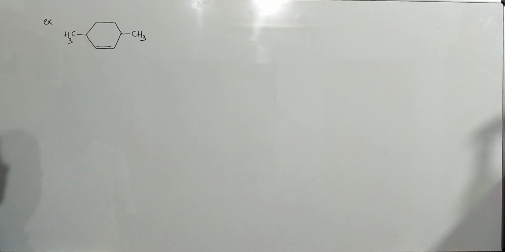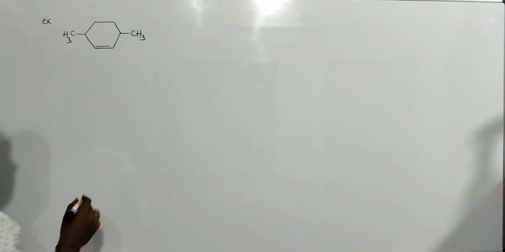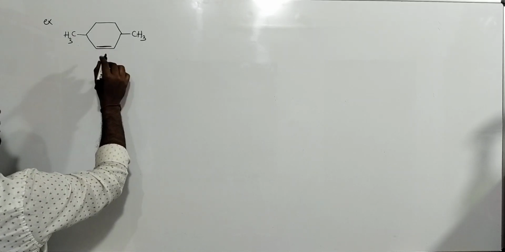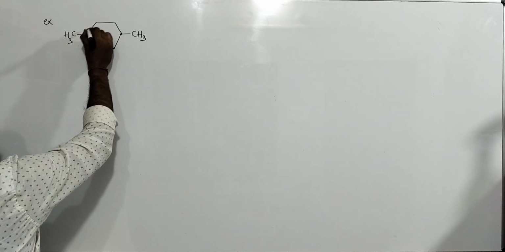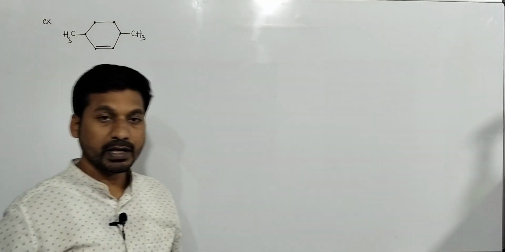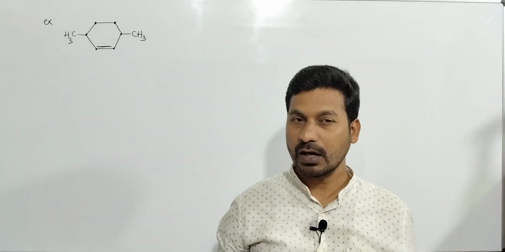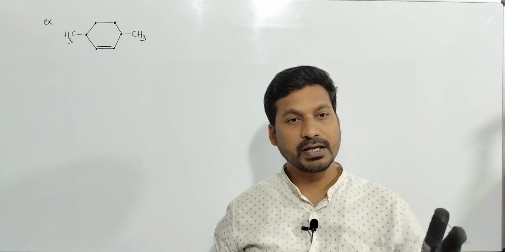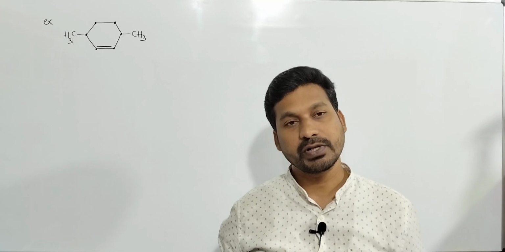For this molecule, is geometrical isomerism possible or not? See this cycloalkene containing 6 carbon atoms: 1, 2, 3, 4, 5, 6. By the previous rule, cycloalkenes containing greater than 7 carbon atoms only show geometrical isomerism.